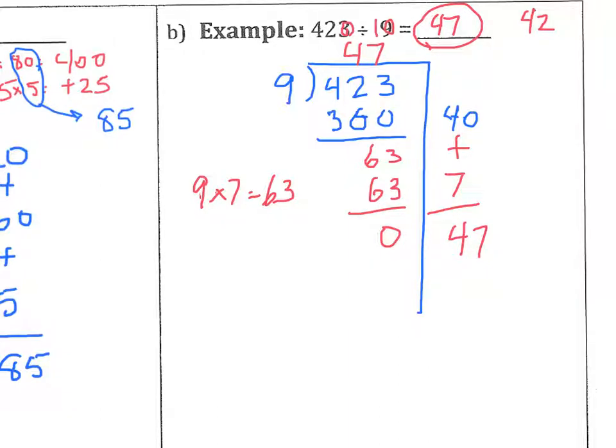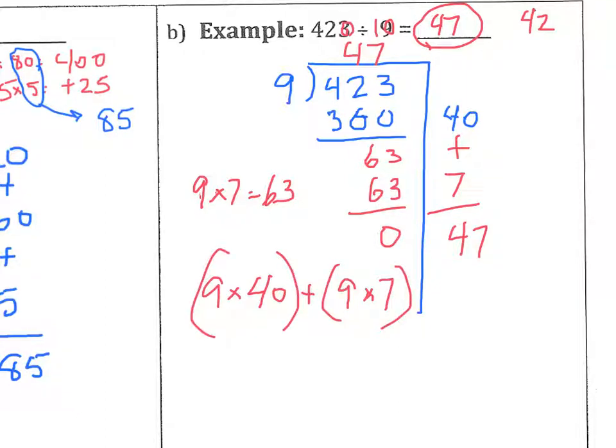Pretty straightforward. Now, why does that make sense? Well, it makes sense because we know that 9 times 40 plus 9 times 7 is the same thing as 9 times 47. I've just broken it out.